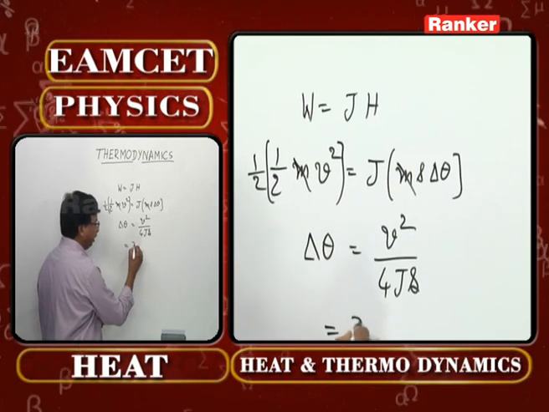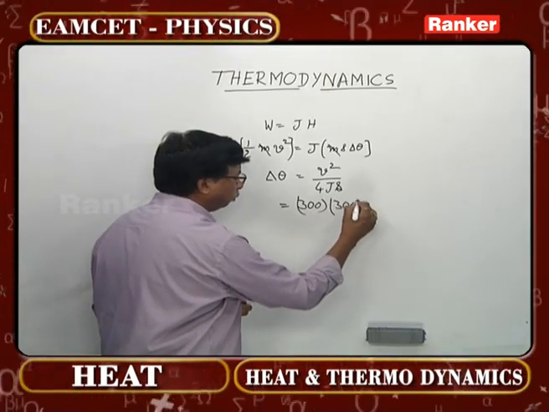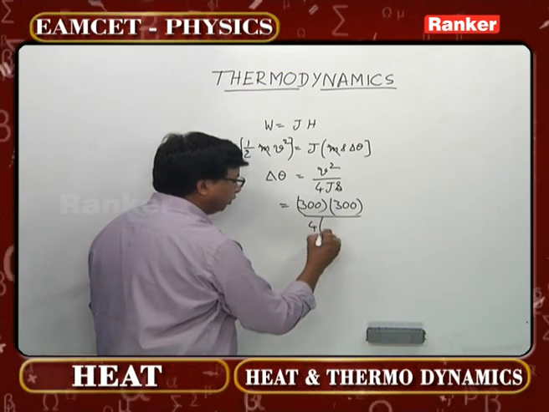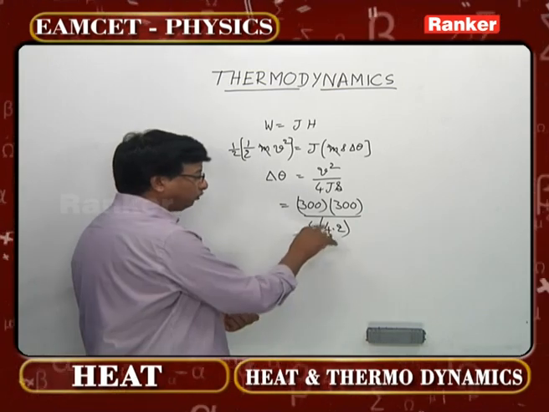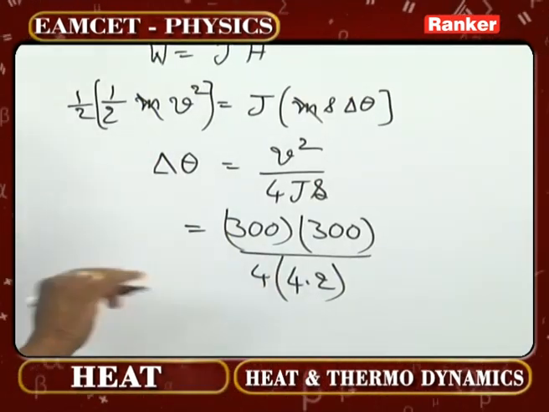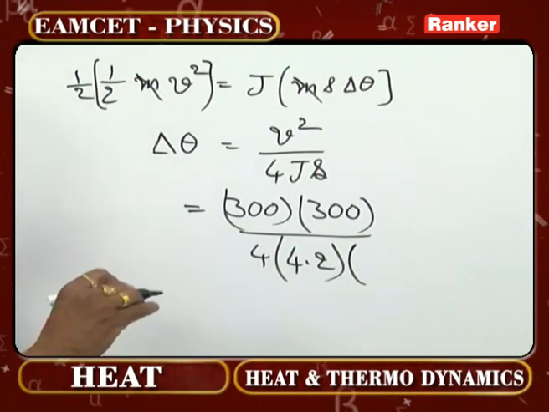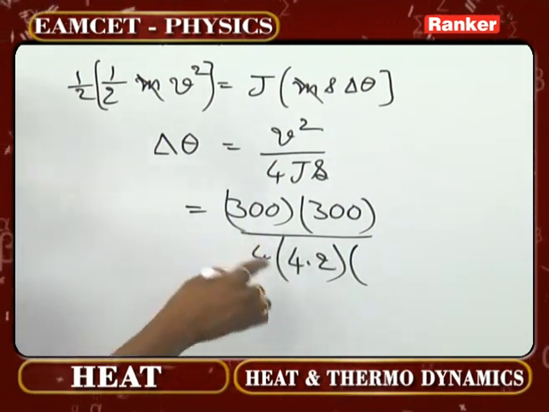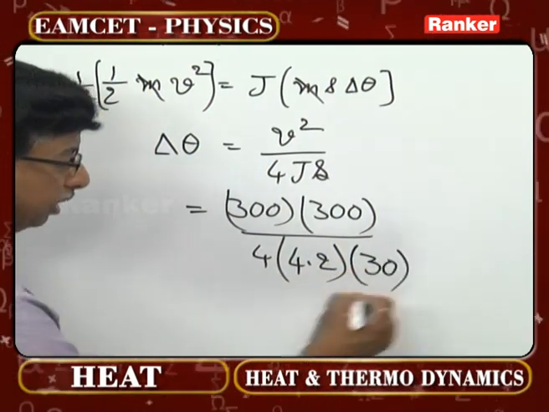What is the value of v given? 300 into 300 as it is you can go for, by 4 into J, which I take as usual as 4.2. What is 4.2? Joule per calorie. So, how to write S now? 0.03 into 1000 calorie per kg per degree centigrade. That now becomes simply 30.